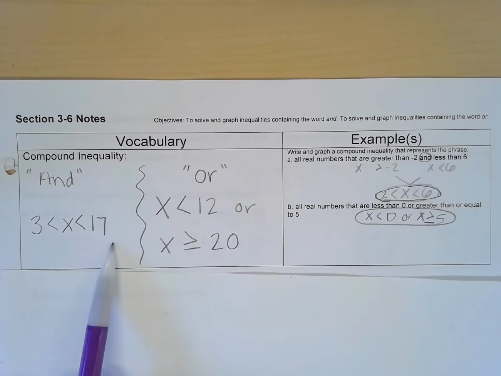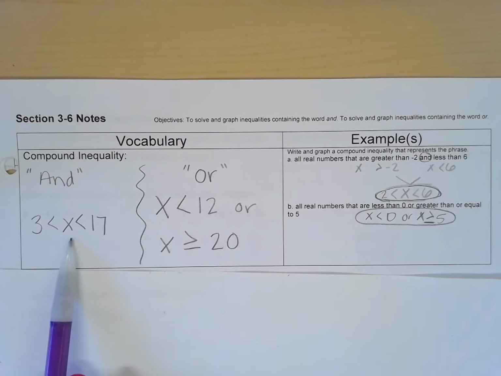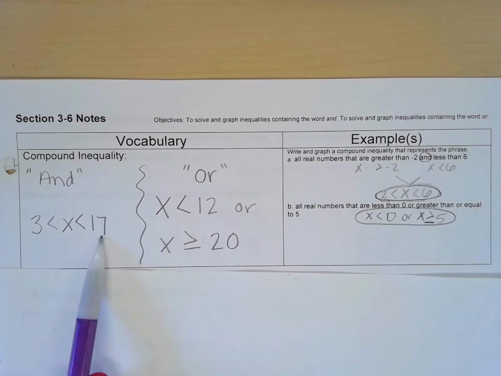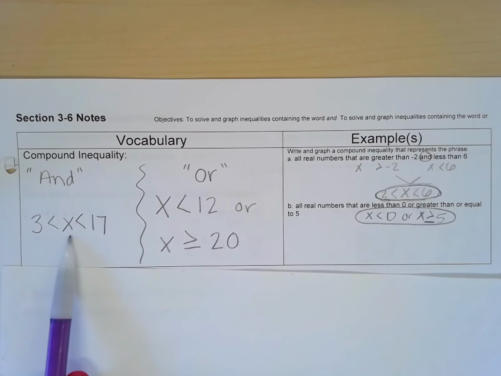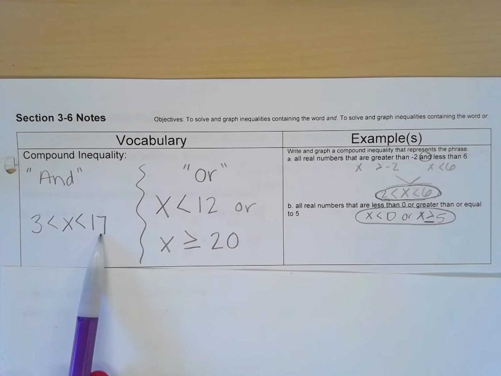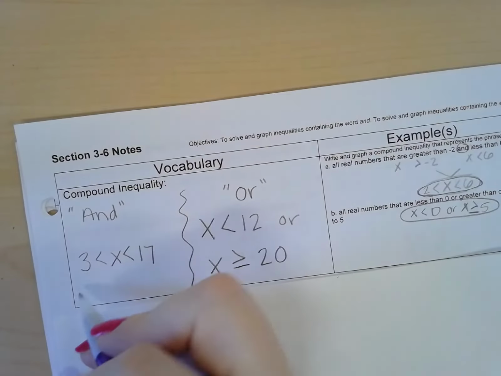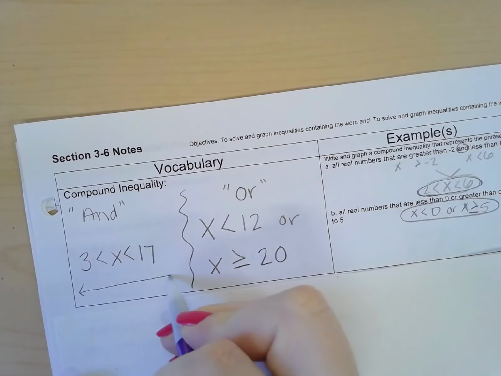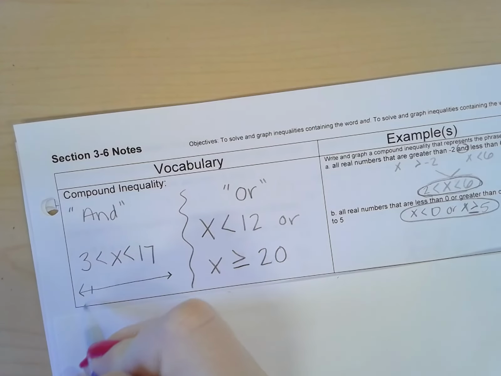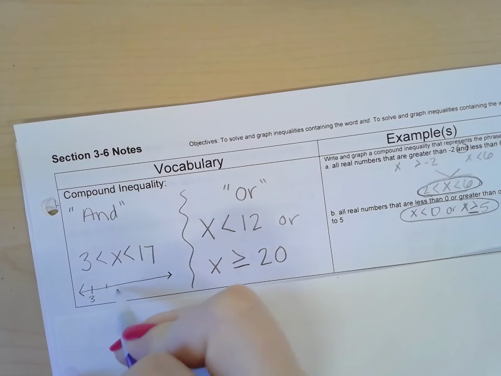One large inequality, 3 is less than x is less than 17. So x is in the middle between 3 and 17. So when I graph this on a number line, I'll have something like 3, and a bunch of things, and then all the way to 17.